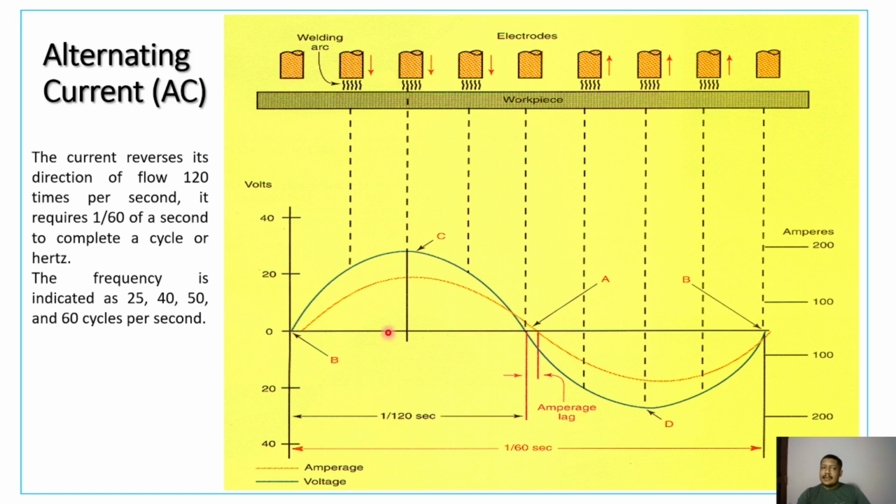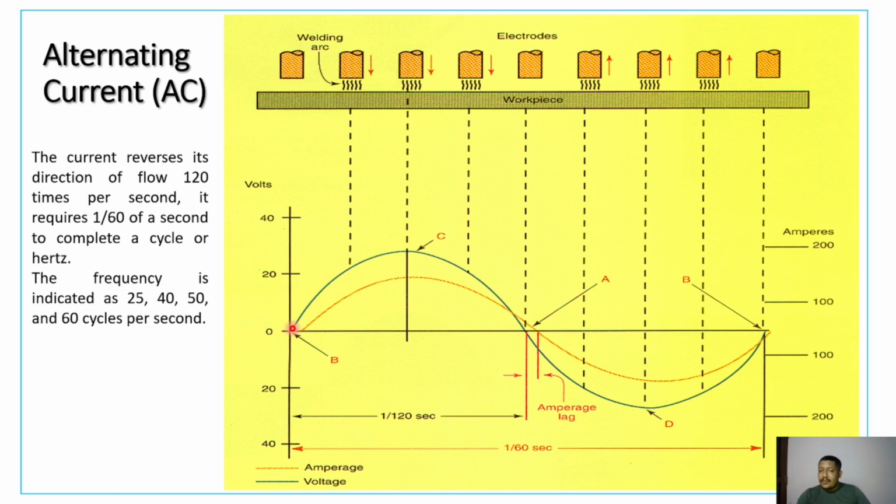In the case of alternating current, it's a pulsating current. One half of the current will be positive and the other half will be negative in nature. This is one cycle, as you know, and the blue color indicates the movement of your voltage and the yellow indicates the movement of your current in welding.